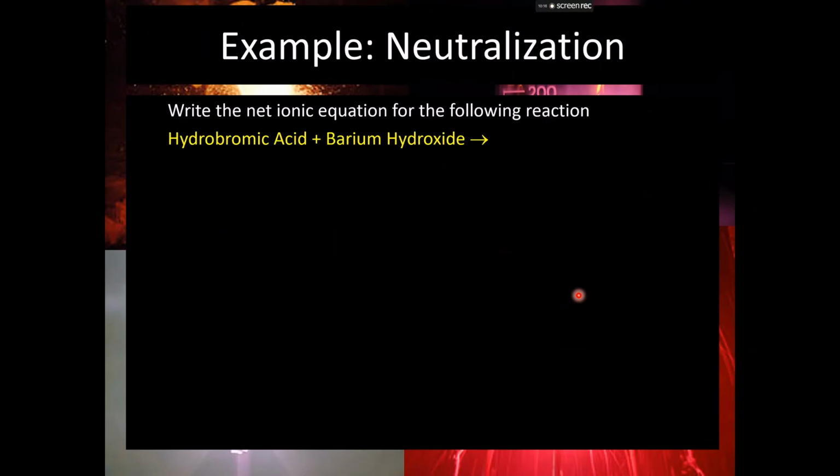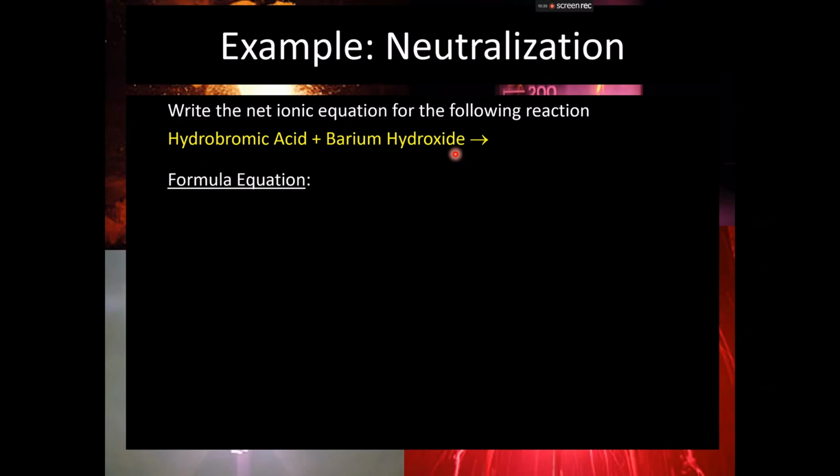Now, this can also happen with neutralization reactions, because remember, neutralization reactions are a special kind of double replacement reaction where an acid, in this case hydrobromic acid, reacts with a base, barium hydroxide in this case.